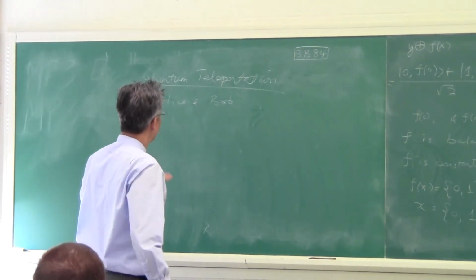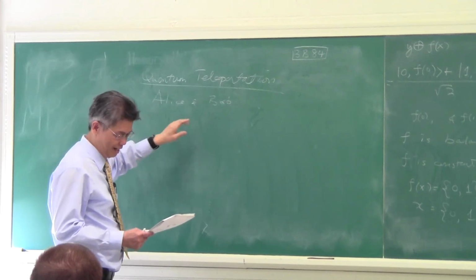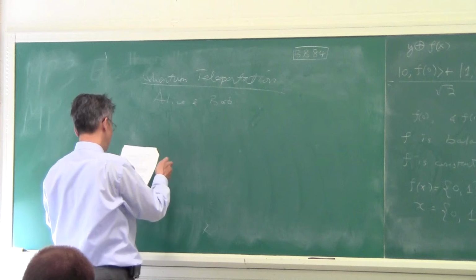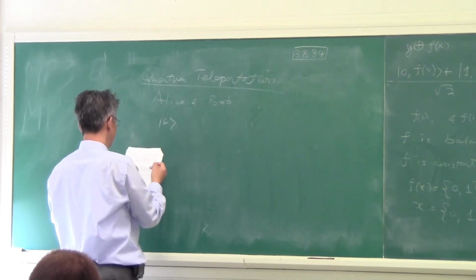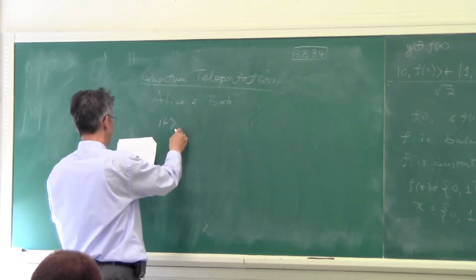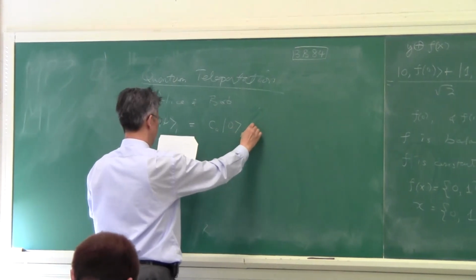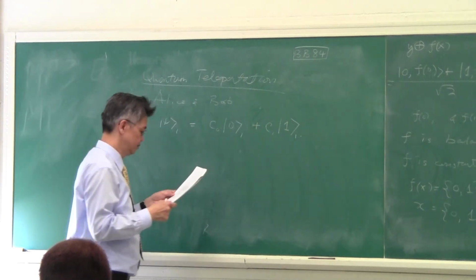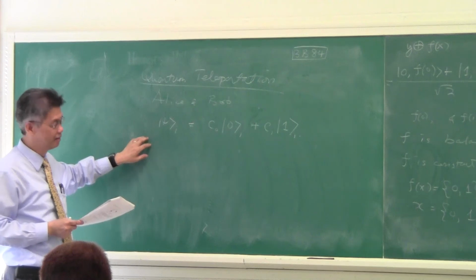But quantum teleportation also involves Alice and Bob, and let's talk about how Alice and Bob can send information to each other. Let's assume that Alice has a photon that is in a linear superposition of two states, and this photon is available to Alice.